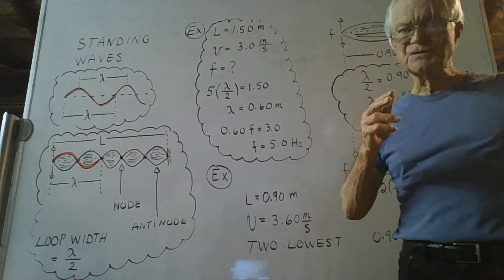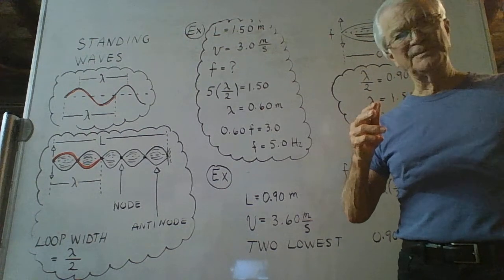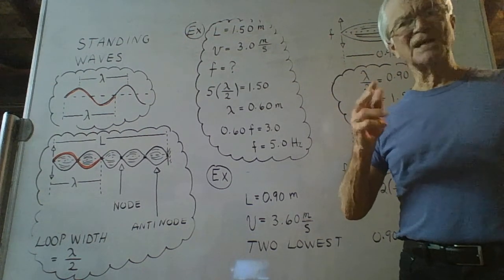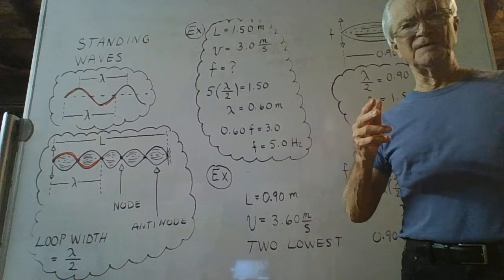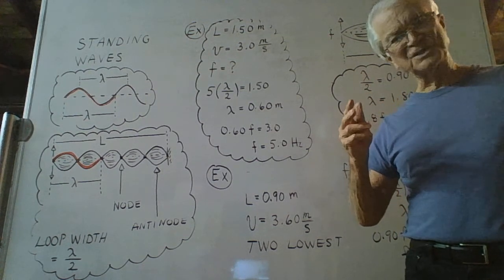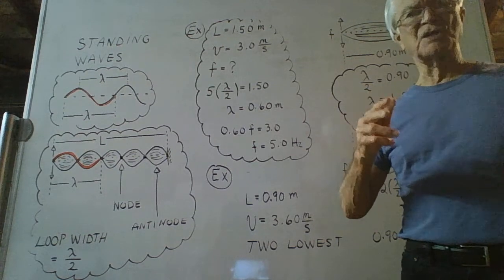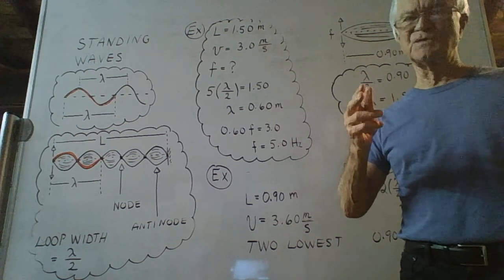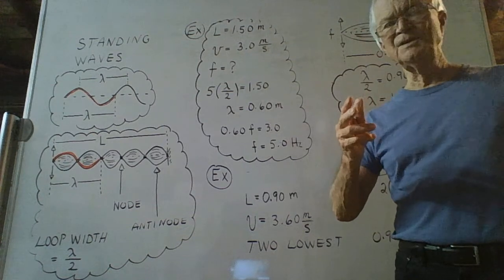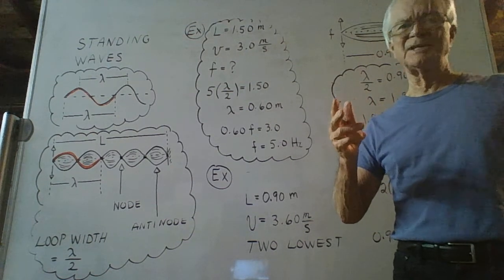The next highest frequency, F2, is called the second harmonic frequency. Fundamental frequency, F1, is called the first harmonic or first harmonic frequency. So you have these vocabulary terms to be acquainted with.